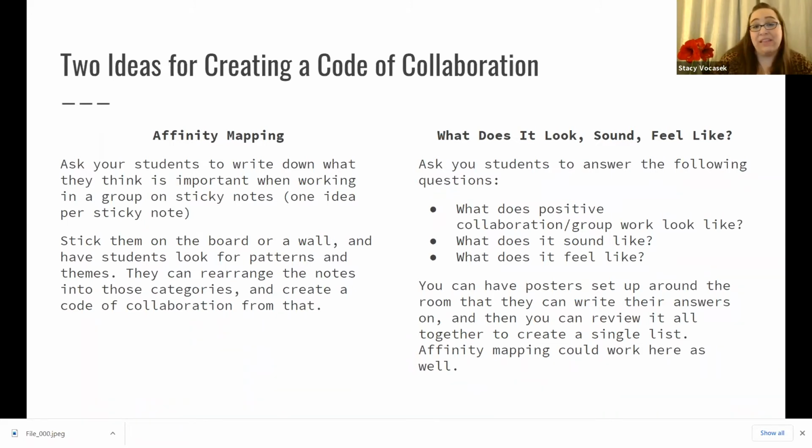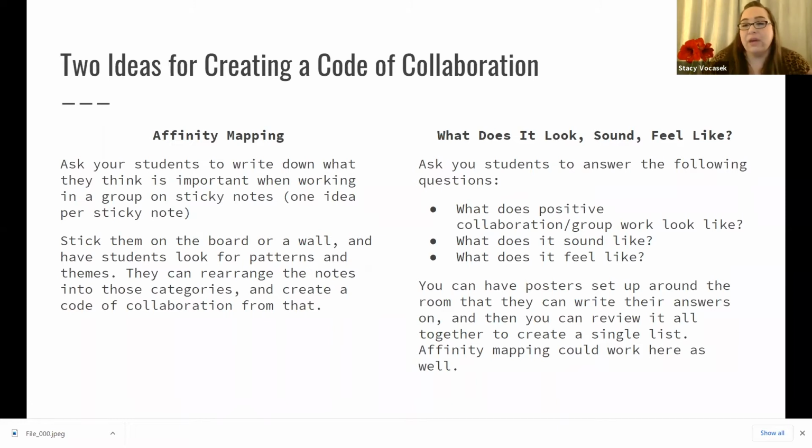If they're in person, they can do it on sticky notes and leave them on their desk and then share out loud. And then they can kind of look for patterns and sort those things. So you're also practicing sorting skills for all students of all ages, because everybody needs practice with that sometimes.